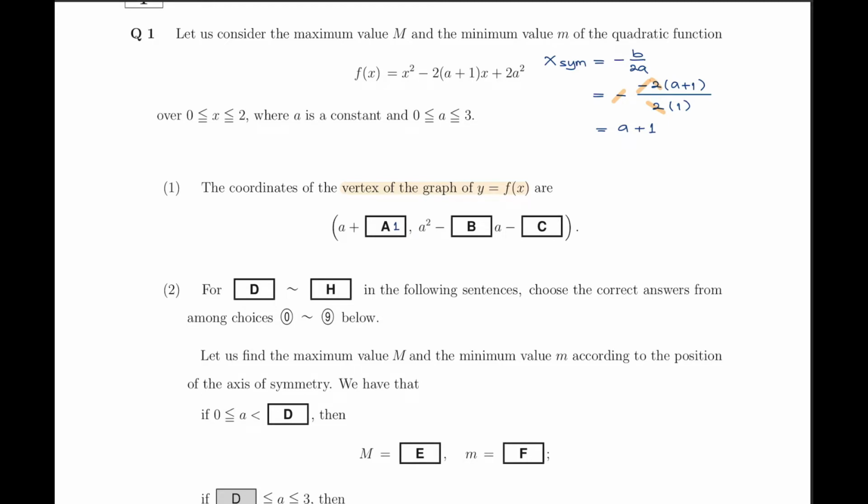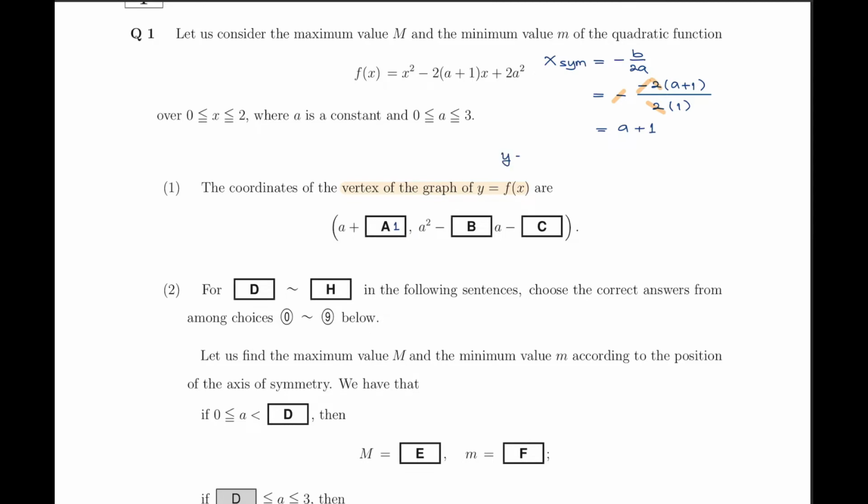After we got the x coordinate of the vertex, how do we find the y coordinate of the vertex? We can simply put this into the equation. If I substitute x with a plus 1, I will get the value of the y coordinate of the vertex.